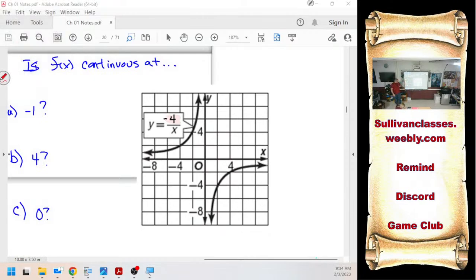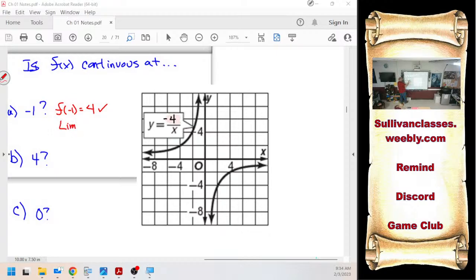So the continuity test says, 1, I got to be able to plug this number in and it doesn't break math. Can I plug in -1 and it doesn't break math? What do I get when I plug in -1? 4. Yay, it exists. I have passed the first part of my test.